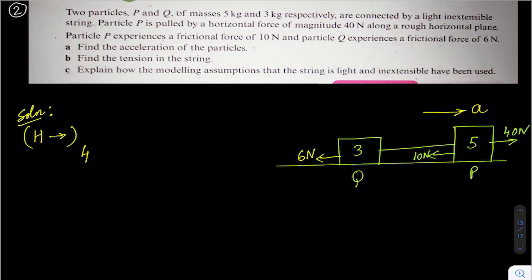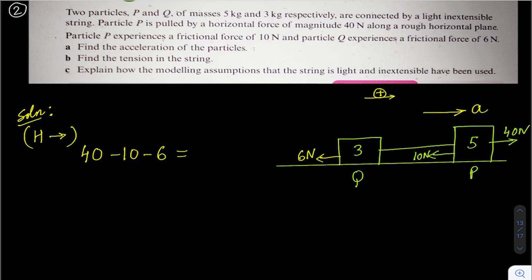System means this particle P and this particle Q combined. So the 40 newton force is acting in the right direction, which we have taken as positive. And in the left direction, you have a 10 newton force and a 6 newton force. So this is the net force acting in the right direction on this system.